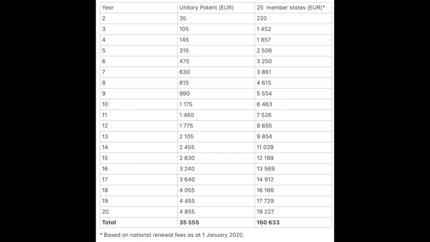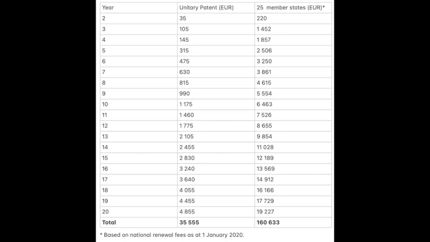You see the first year is free, and the concept is increasing: the second year is cheap, and the 20th year is the most expensive one. So it goes up for both systems, so to say.